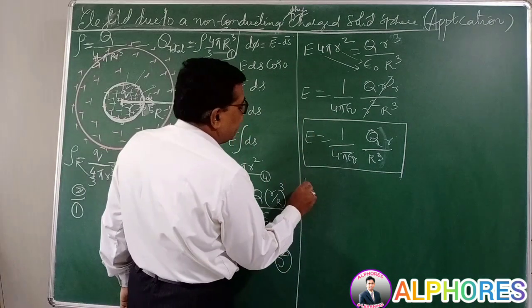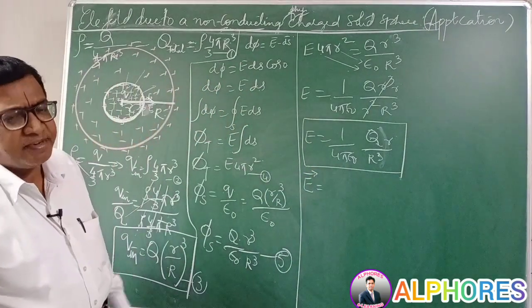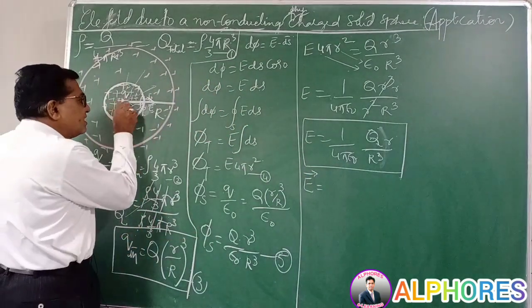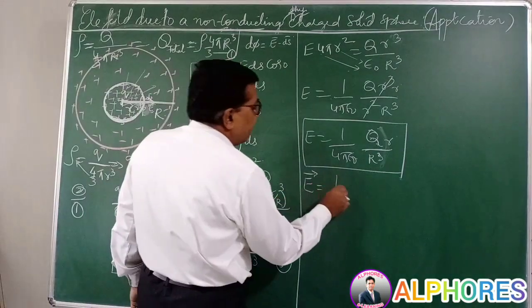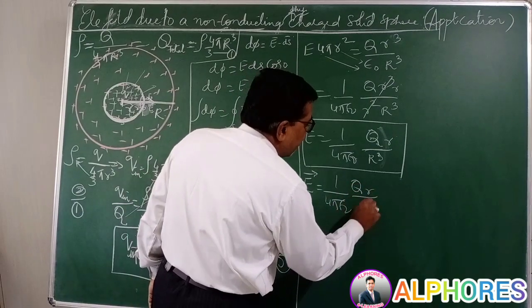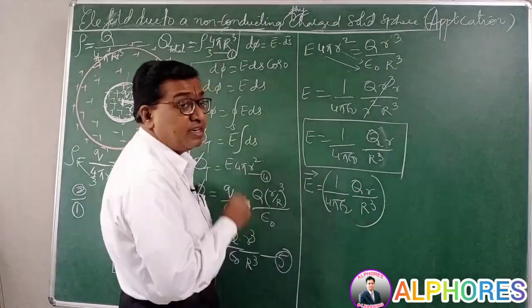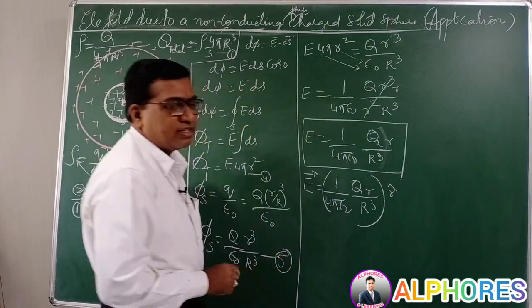Now if I write the vector form of the electric field, the electric field is in the direction of the radius vector r bar. Putting the direction, it's 1 by 4 pi epsilon naught capital Q small r by R cube, the magnitude, times the unit vector showing the direction along the radius vector.